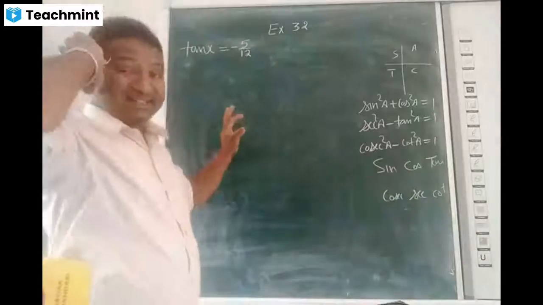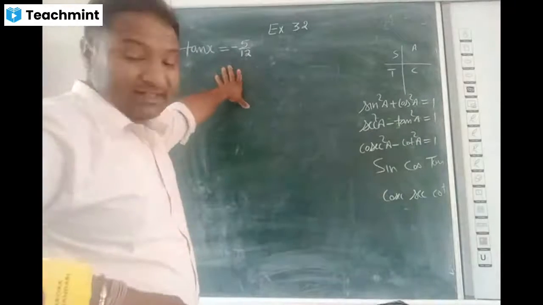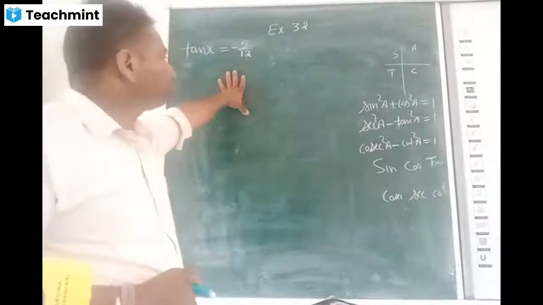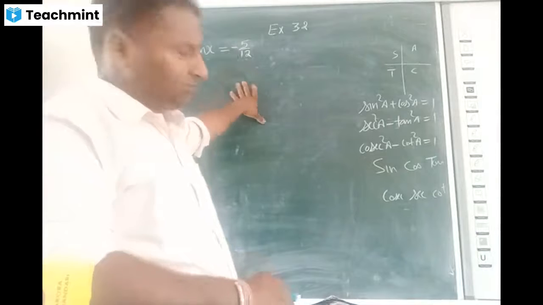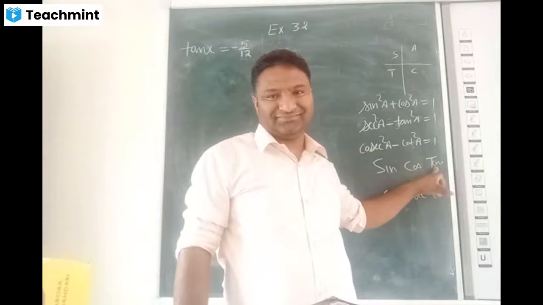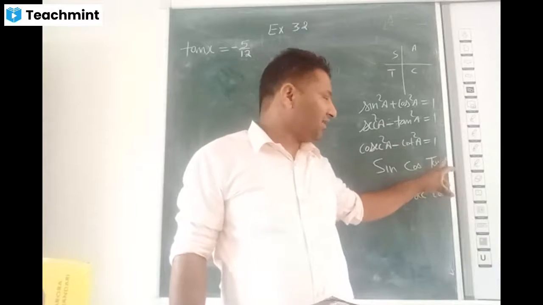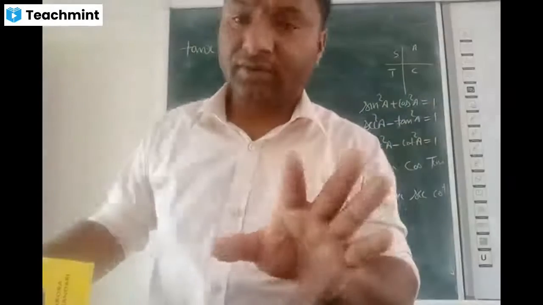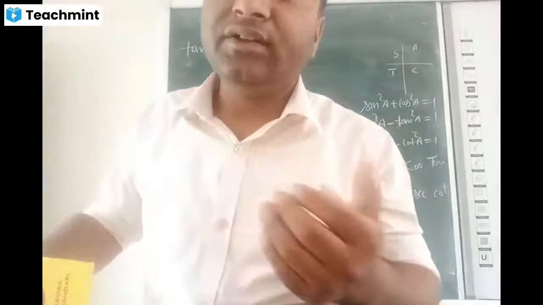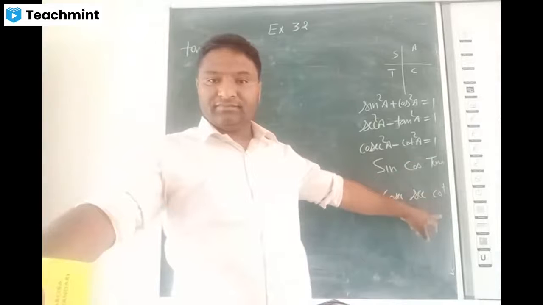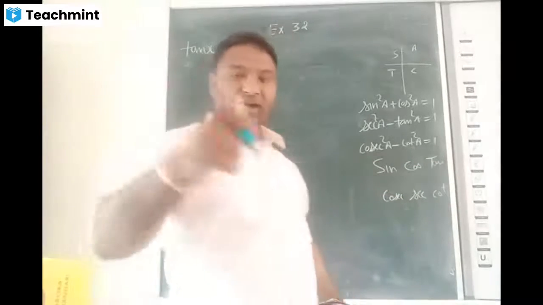So in the question there is given tangent x, and x lies in the second quadrant. So first of all, if we have the value of tangent, without using any formula, just by using the reciprocal formula, किसकी वैल्यू आ सकती है अभी इजीली? Cot x equals 1 upon tangent x. Yes, very good.